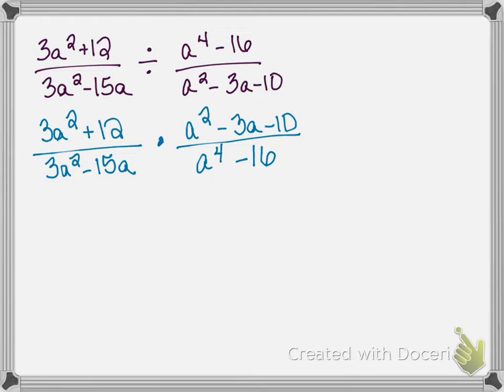Now, what I want you to do right now is factor. I'm just going to remind you, a to the 4th is a perfect square. What do you multiply times itself to get a to the 4th? A squared times a squared. Good. Okay, I'm going to give you about a minute or two to factor.